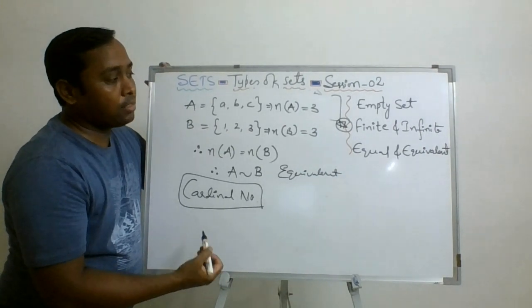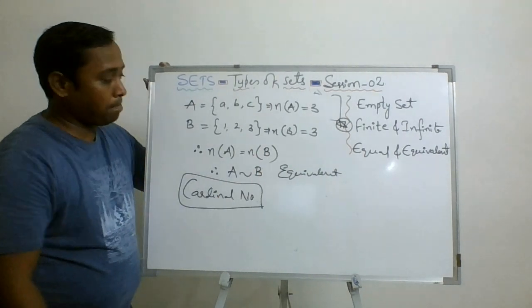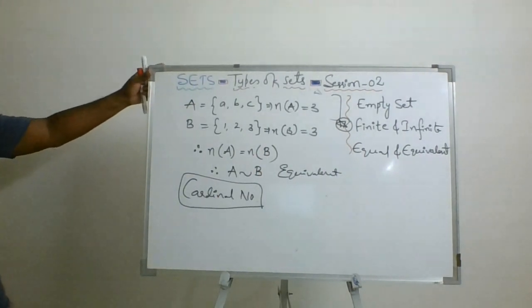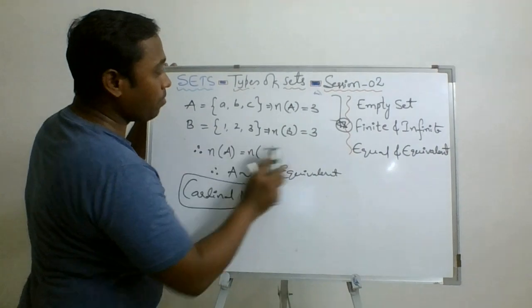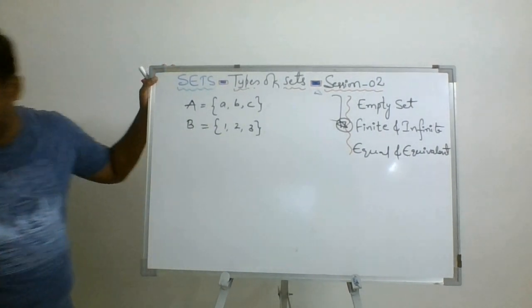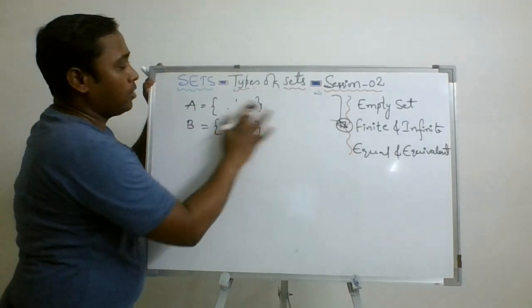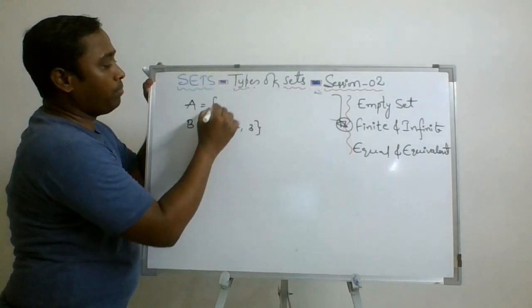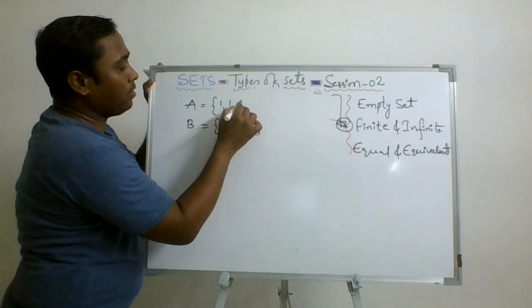Now, what else about equal sets? Again, I'm giving an example. Set A, I'm writing the elements.